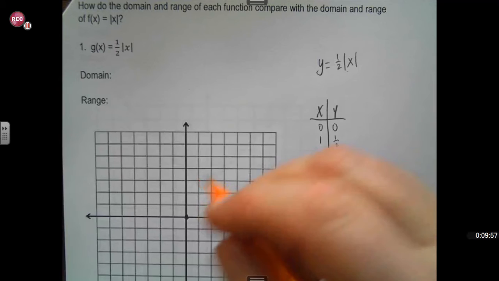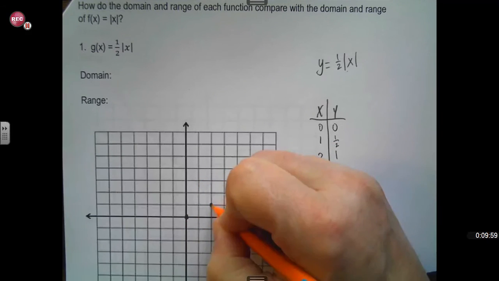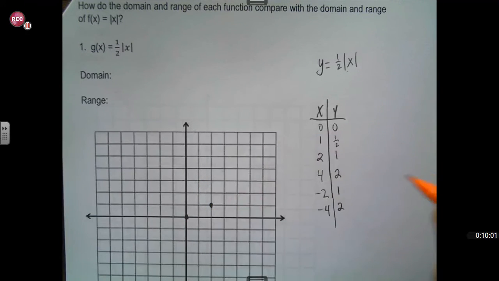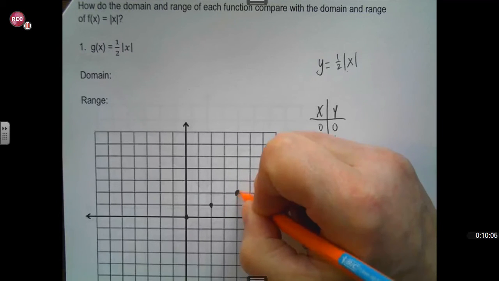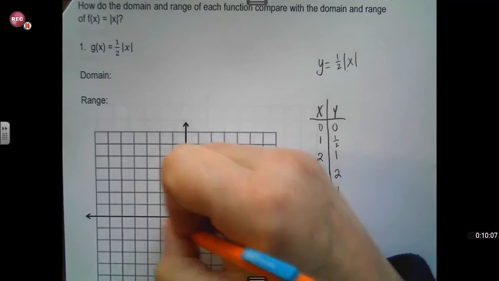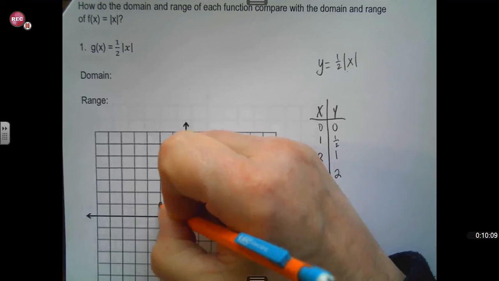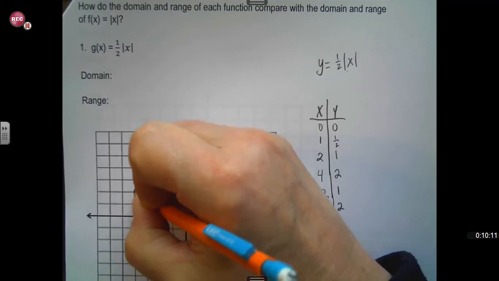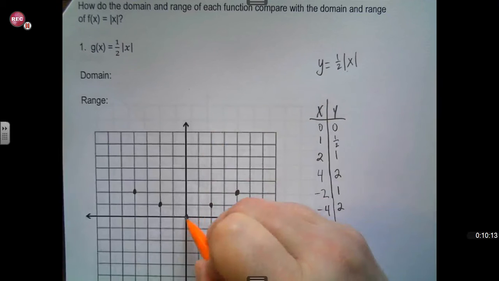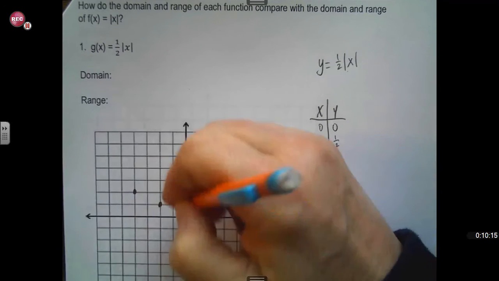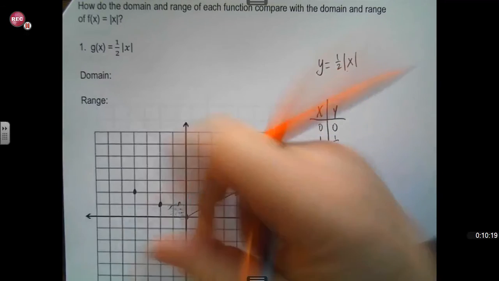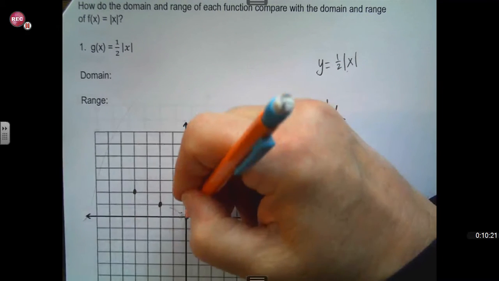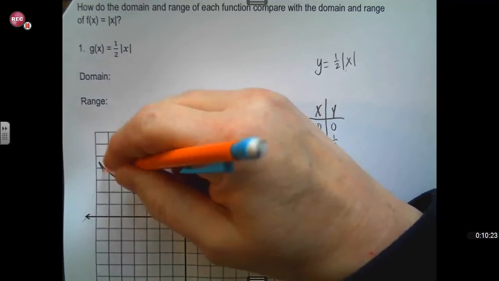So let's see, 2, 1, 3, 4, 2, -2, 1, and -4, 2. And that is my graph.